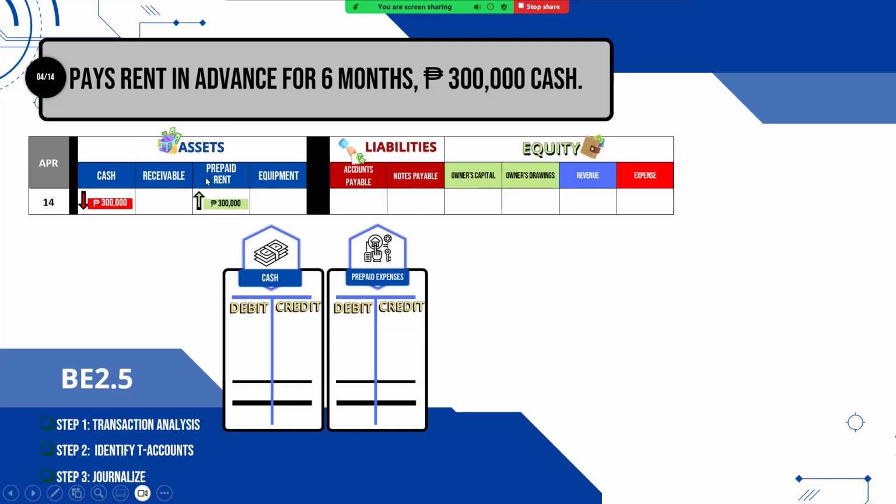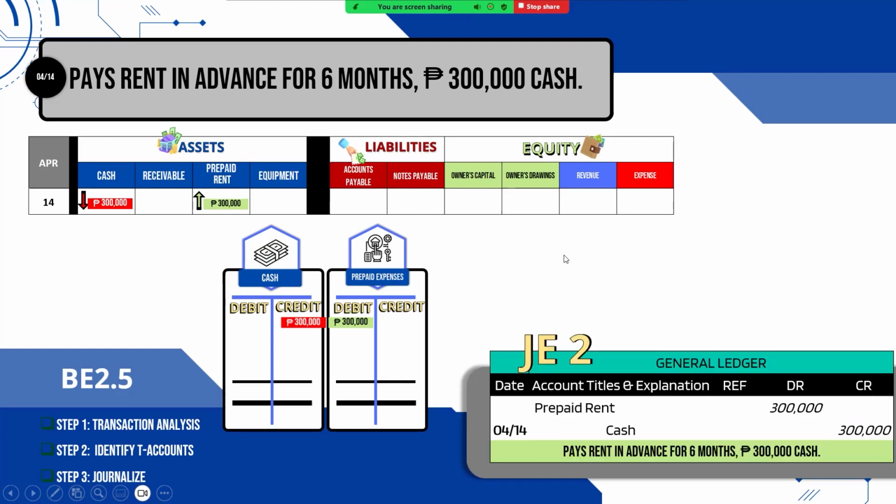There is a decrease in cash, and that would be a credit on cash. While there is an increase in prepaid rent, which is an asset, and an asset has a debit, so that would be a debit to prepaid rent. Translating this into a journal entry would be debit prepaid rent, credit cash of 300,000.